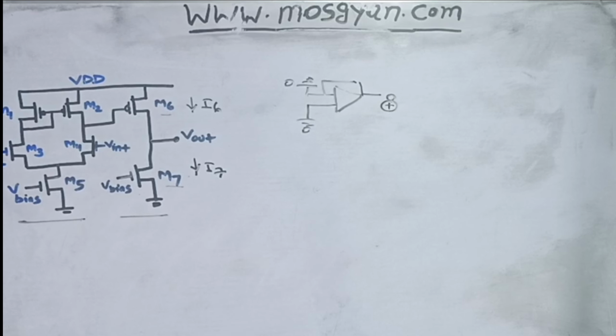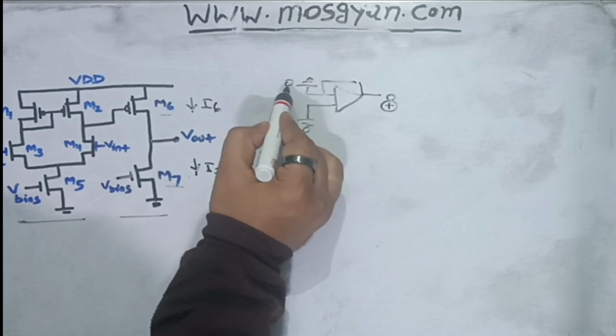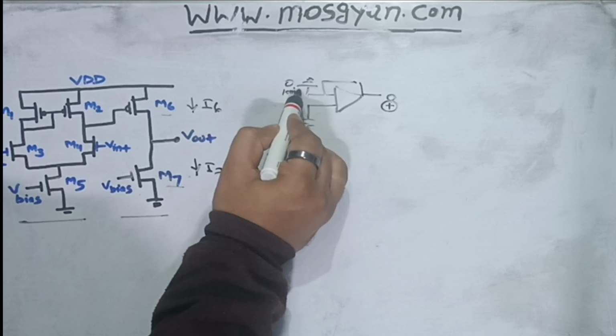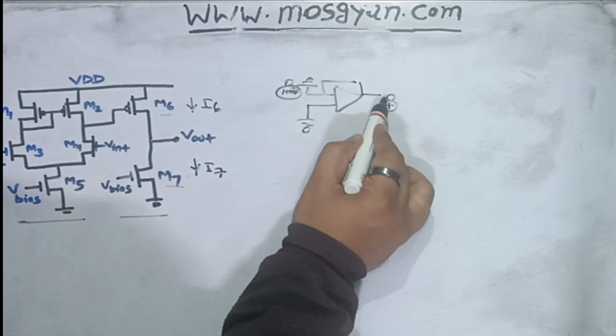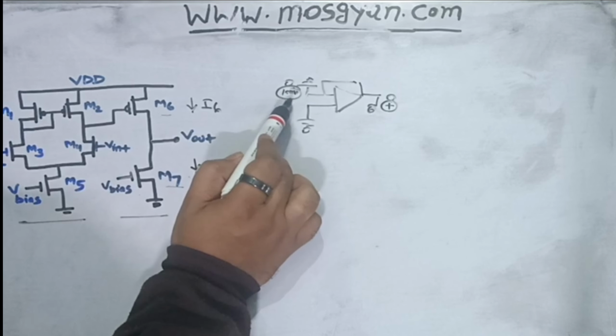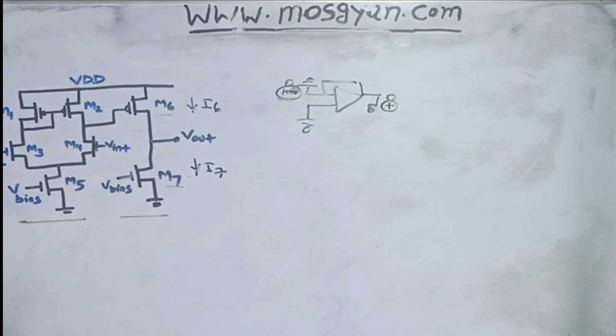In order to nullify that, we have to apply some input voltage, let's say 10 millivolt or 20 millivolt, just to nullify this offset. That means we want to bring the output to zero. The voltage we apply at the input to bring the output to zero is known as the input referred offset voltage.